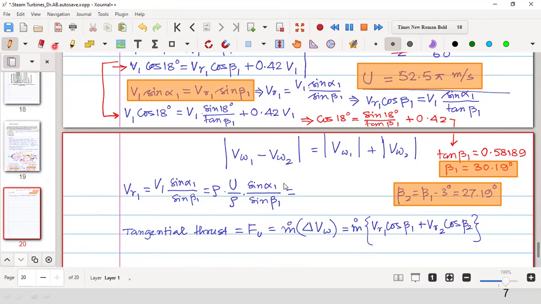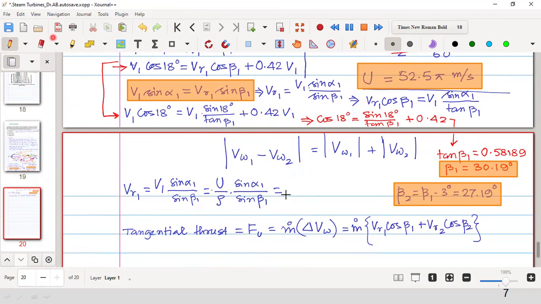So all these quantities are known, right? U we know, rho is 0.42 given, alpha 1 is 18 degree, beta 1 is 30.19 degree. So just putting the values you can determine VR1. Okay, is it clear?